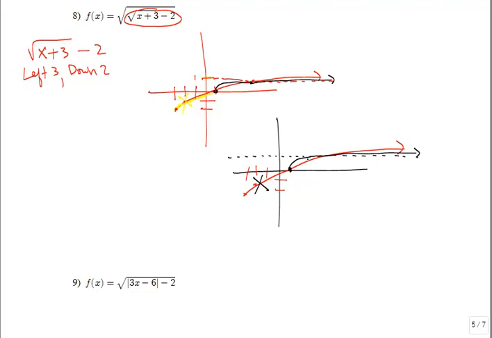So where we hit 1, where we're slightly below it, our black graph should be above the red curve, but after that height of 1, our black curve should be below the red curve. So this one in black is my final answer.